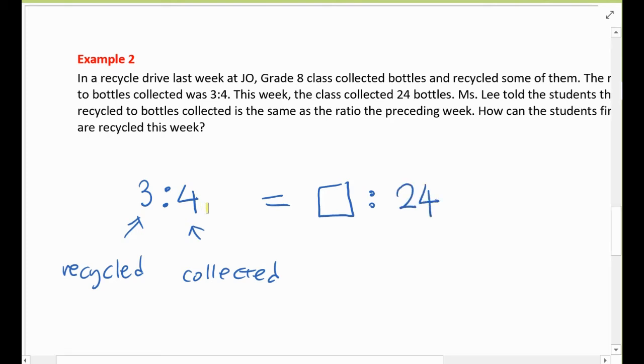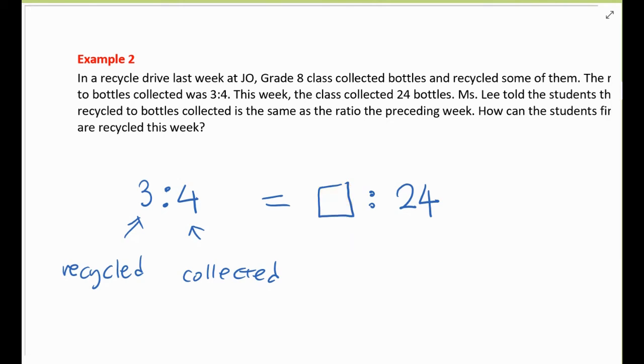So the number of bottles collected is the second number, so we have to put 24 in the second number place here. The ratio is 3 to 4, and we're going to find the number of bottles recycled.